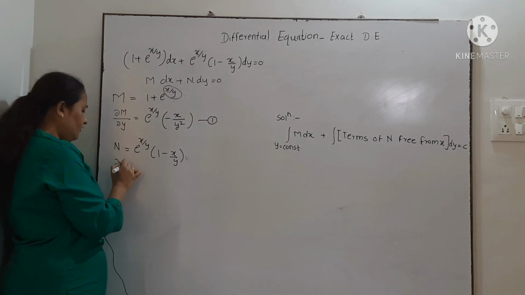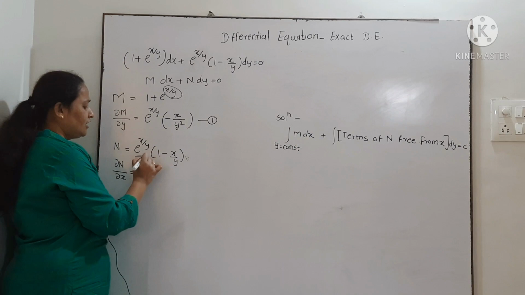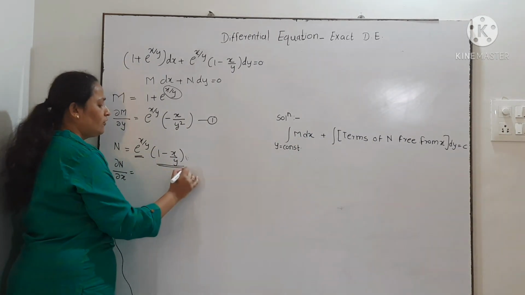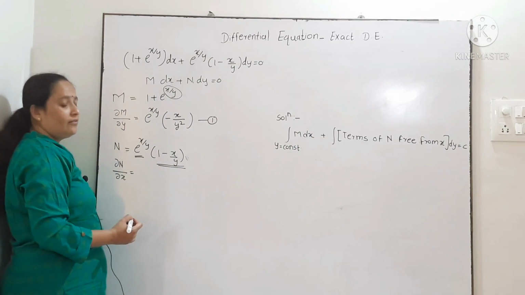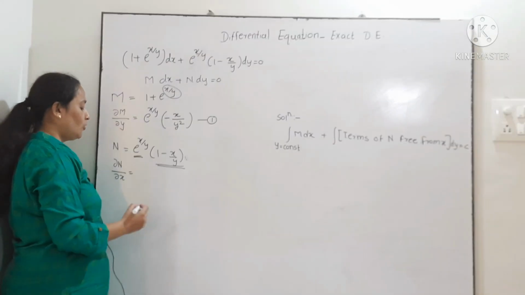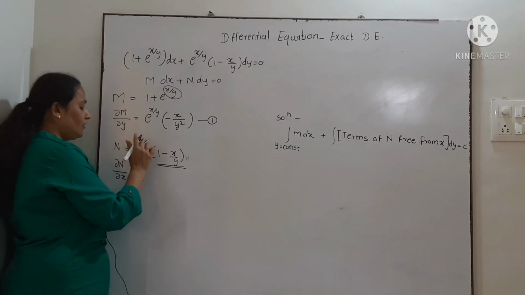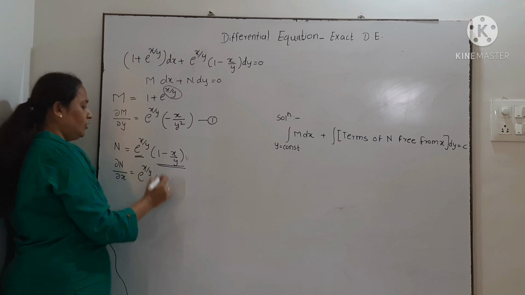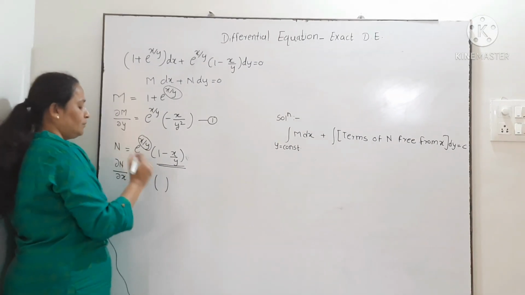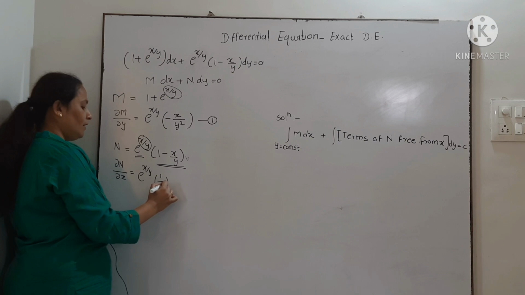Now if I find derivative of N with respect to x, if you observe this is function of x, this is also function of x. Therefore, while finding derivative, you have to use product rule. Derivative of e raised to x upon y is e raised to x upon y into derivative of x upon y, that is 1 upon y.